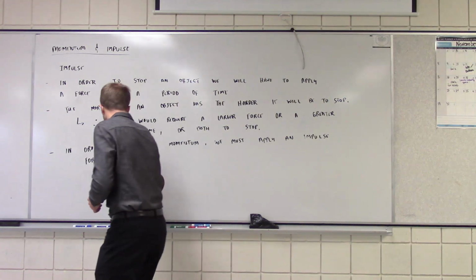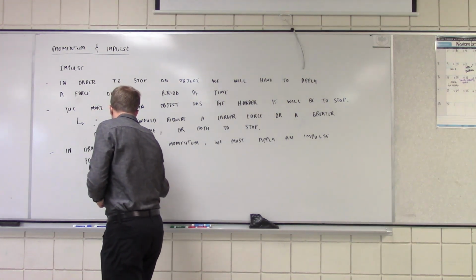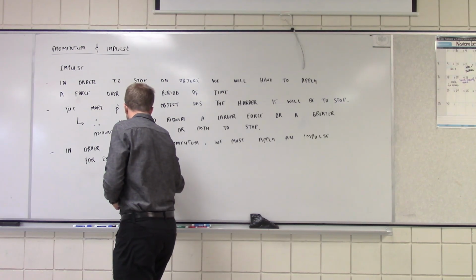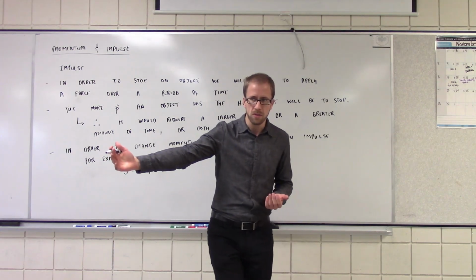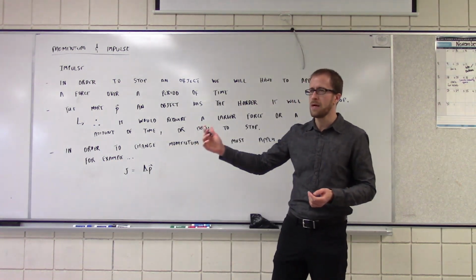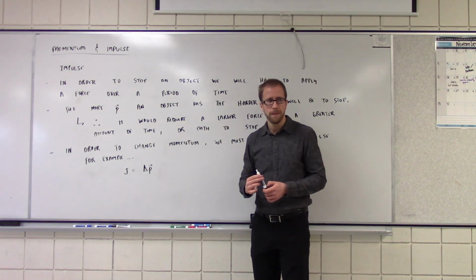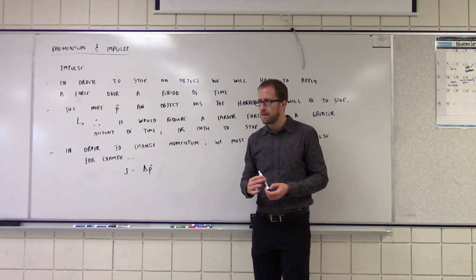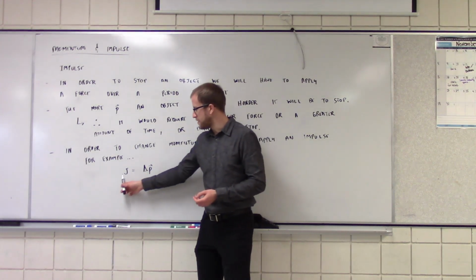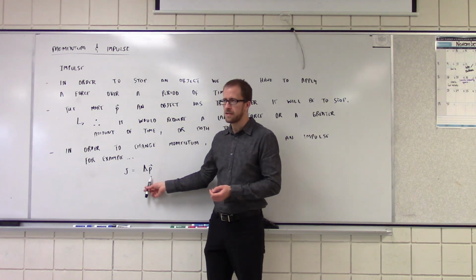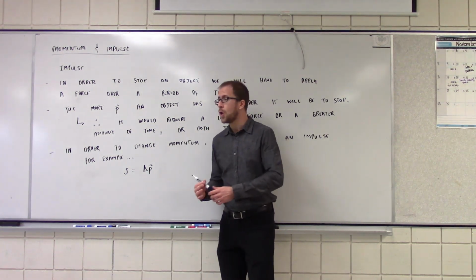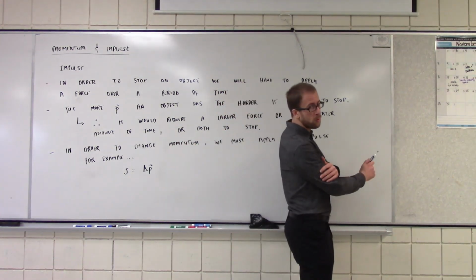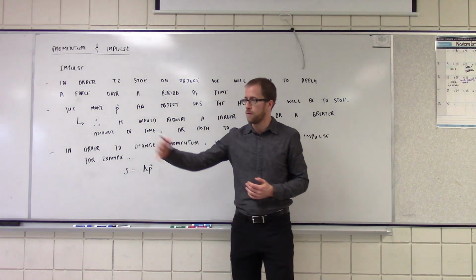And remember, your impulse is equal to your change in momentum. So if we increase the impulse, what are we doing to that object's momentum? Well, if we increase this, is this also going to increase? If they're equal to one another, that has to increase. So when you follow through, your baseball is going to have more velocity.